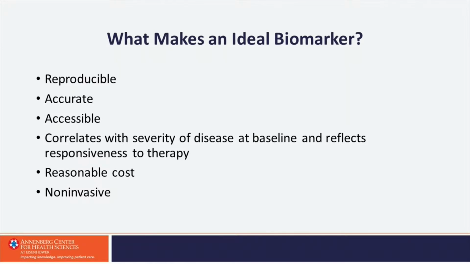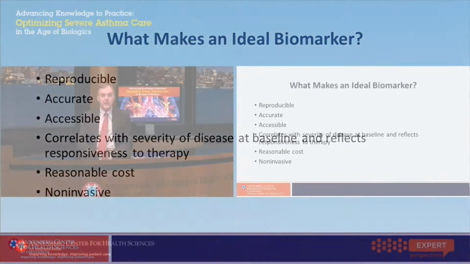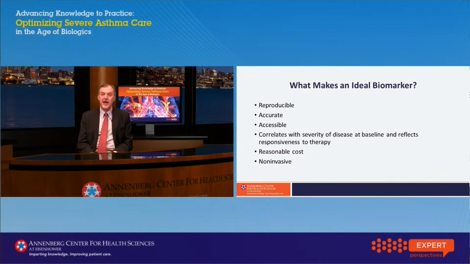It should correlate with the severity of the disease at baseline and hopefully reflect a responsiveness to therapy. It should come at a reasonable cost and ultimately be non-invasive. That's a lot to ask for. But we're going to be looking at some of the data we have with the biomarkers that we do have, starting with the eosinophil as an inflammatory biomarker.